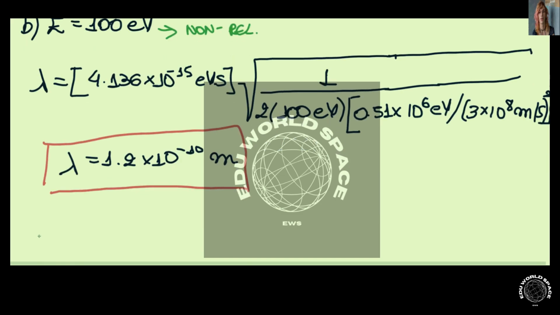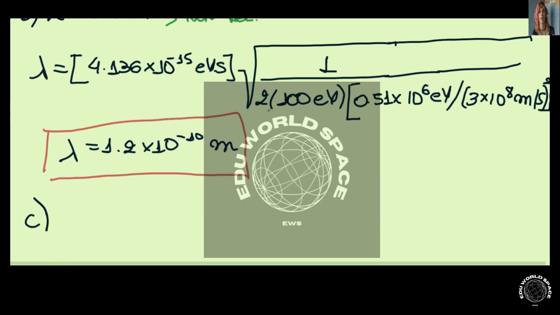Now, in question C, we are going to do the same thing, but again with a different energy for the electron. It's 1 kilo electron volt, which is equivalent to 1,000 electron volts.